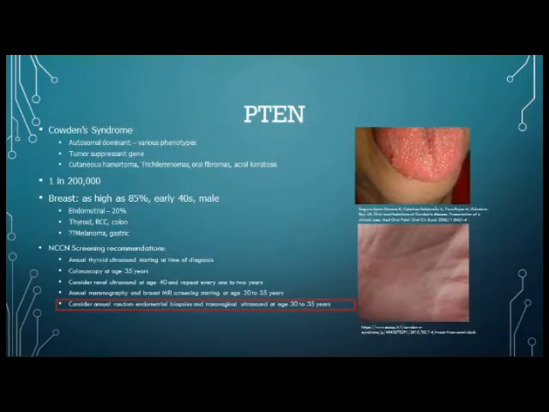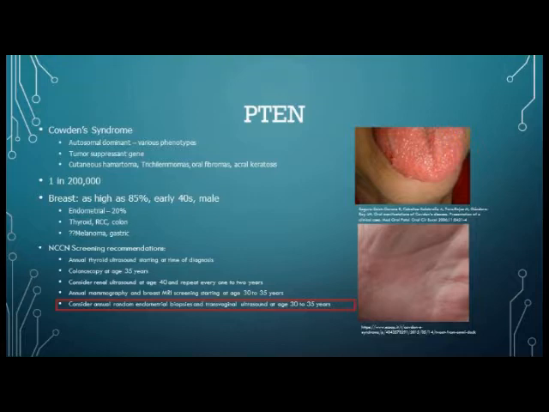PTEN mutation is better known as Cowden syndrome. Similar to BRCA, you can have slightly different spots mutated in PTEN and get very different phenotypic presentations. These patients tend to all have dermatologic and soft tissue, non-cancerous manifestations. Some of the mutations within PTEN cause just that.